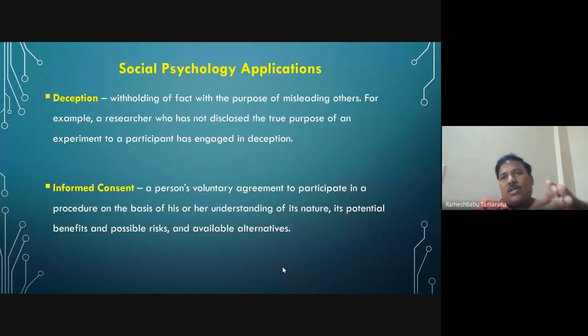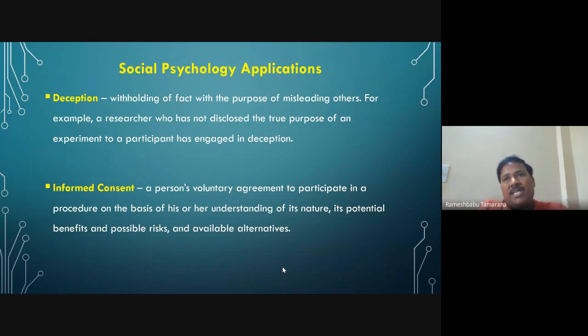And also informed consent. We can't just go and ask people to fill it out. You can't force anybody to be an experimental subject for your experimental study, or a participant for any survey research. You need to get a voluntary agreement to participate in a procedure on the basis of his or her understanding.